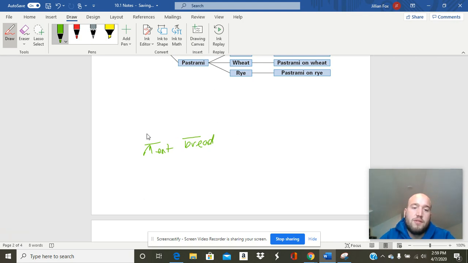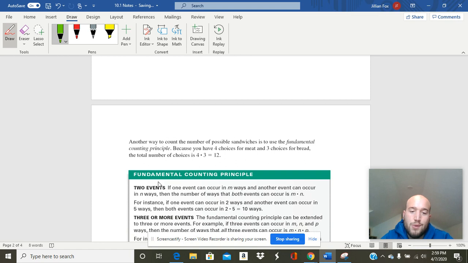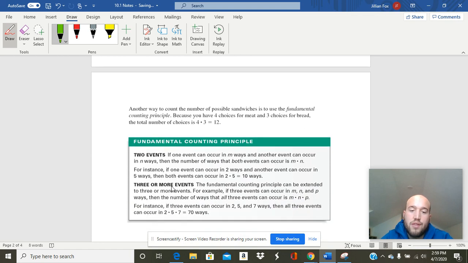And then we just fill them in. So it's 4 types of meat times 3 types of bread, and we get 12. Now, that's when we have 2 events. Okay, say we had a third event, we can just multiply that on as well.